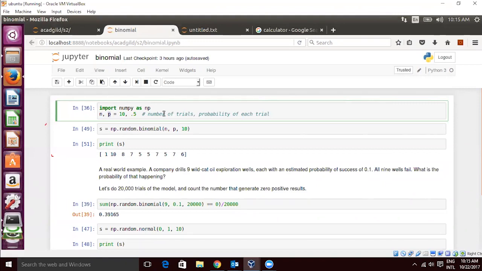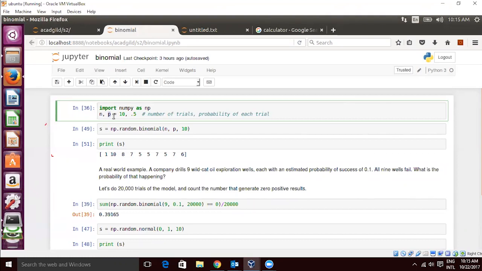Maybe you want to generate 10 random variables or 10 samples from the number of trials and the probability. That's as per your wish. So this example tells us how I can create discrete binomial random variables using the value of n and the probability.